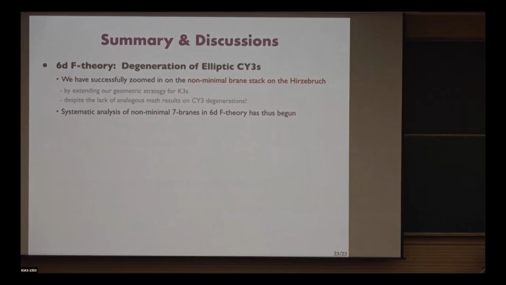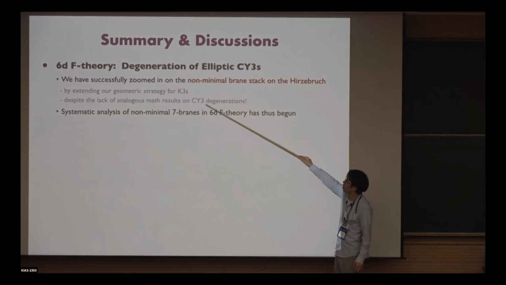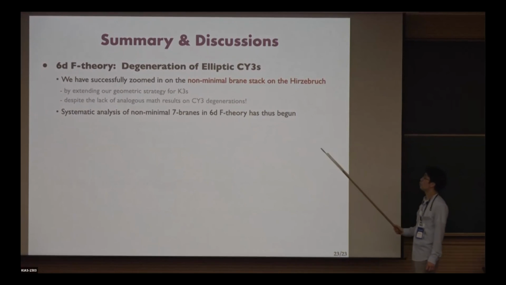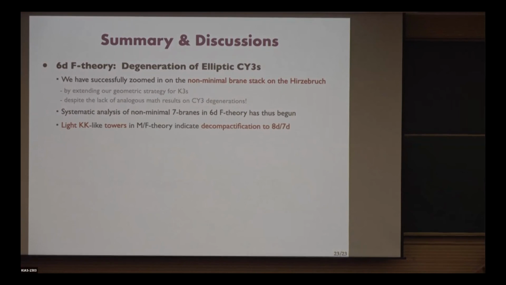And in 6D F-theory, it was now through the degeneration of elliptic Calabi-Yau threefolds, despite the lack of mathematical classification results, by extending our K3 strategy, we could also successfully zoom in on the non-minimal stack on the Hirzebruch surface base. And this way, systematic analysis in 6D F-theory has also begun. And the generically light KK towers indicate, again, decompactification now to 8D or 7D.